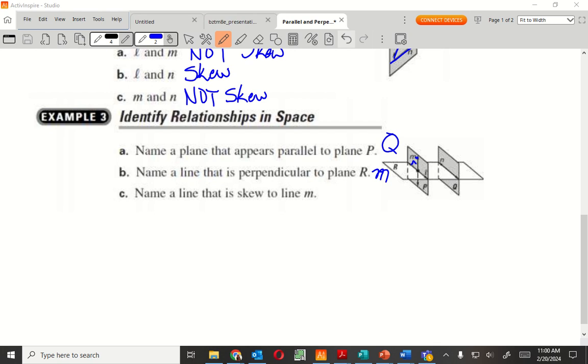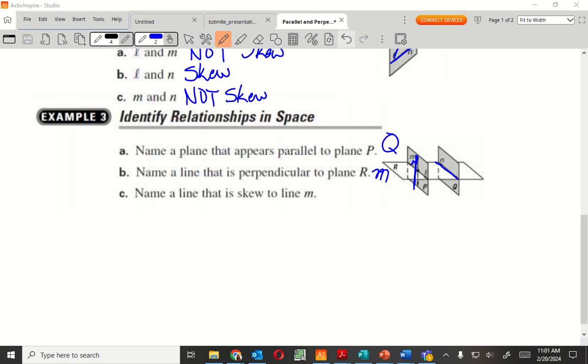Name a line that is skewed to line M. So, skew means that it can't be on the same plane. We're looking at M right now, and it can't be on the same plane as M. I would say N. N is going to be going in a different direction.